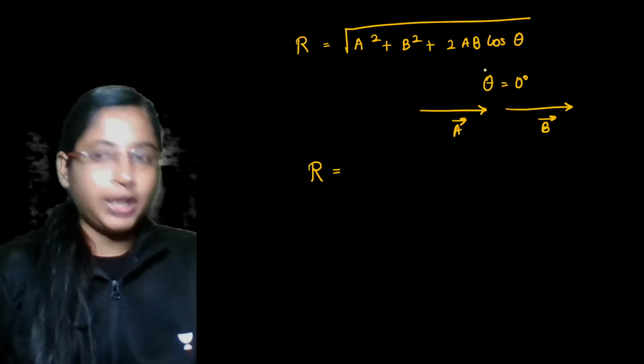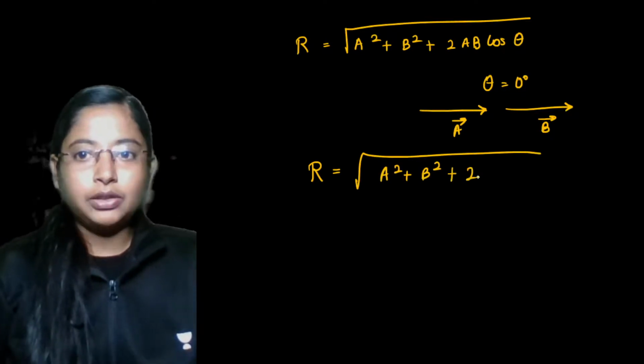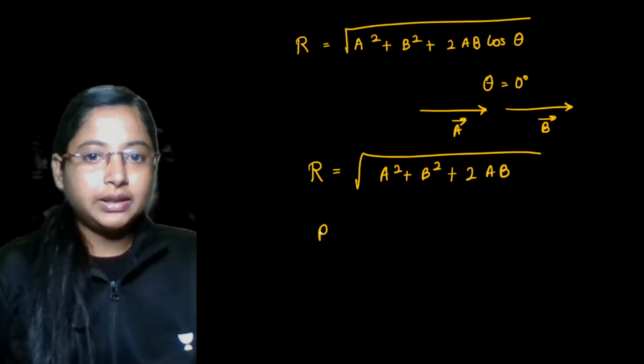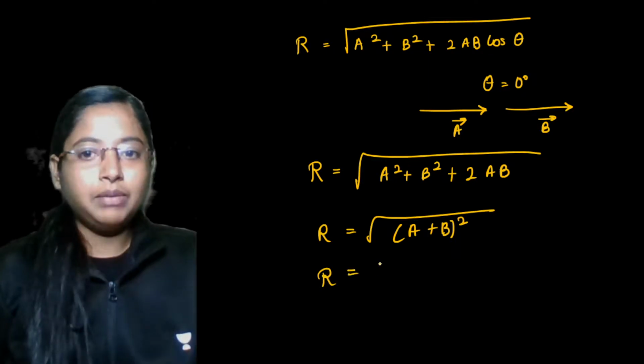So this will become A square plus B square plus 2AB, which is root of A plus B the whole square, which means R will become just A plus B.